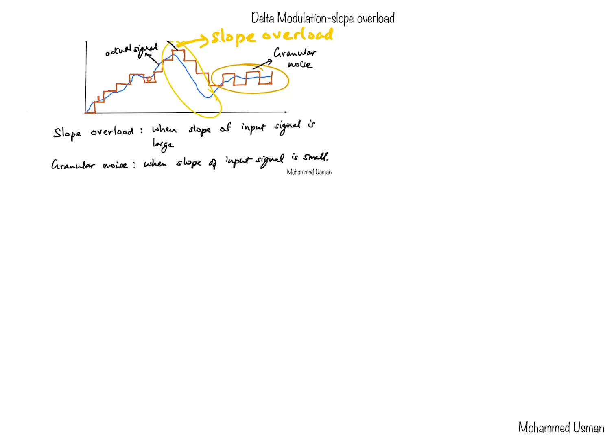So the focus of today's lecture is to find the condition to avoid slope overload in delta modulation.